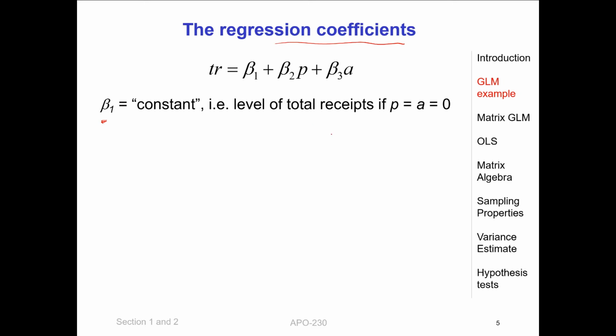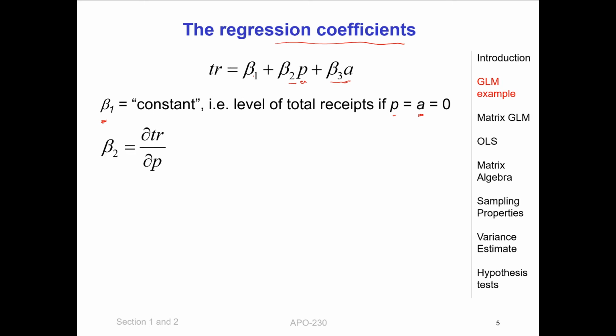That is the level of total receipts that you will get if price and advertising are set to 0. Obviously, because if these two are 0, then this term is also 0, and at the end you have total receipts equal to beta 1.